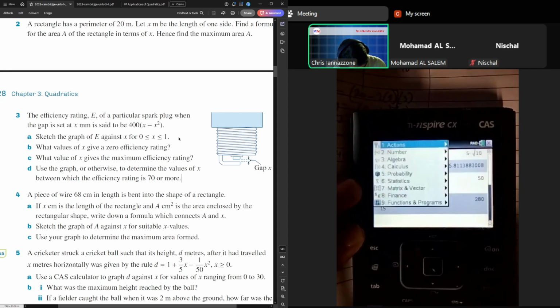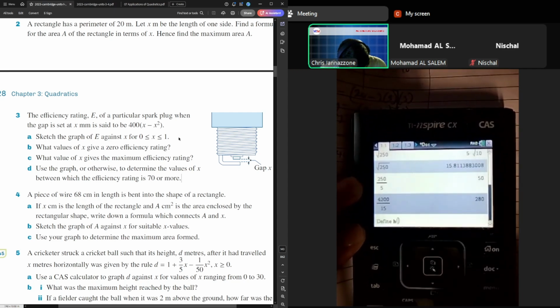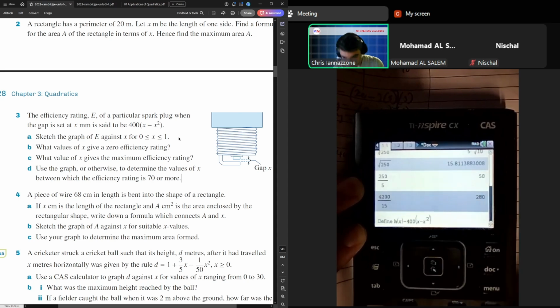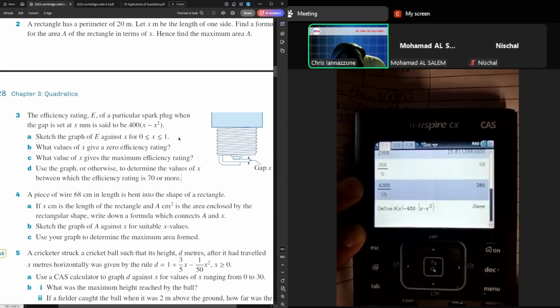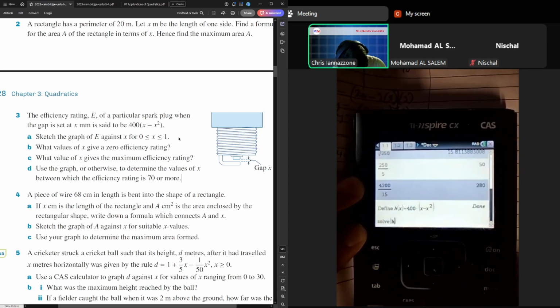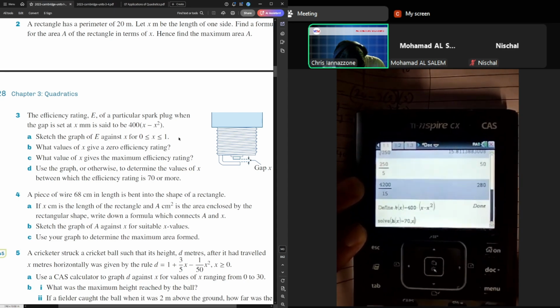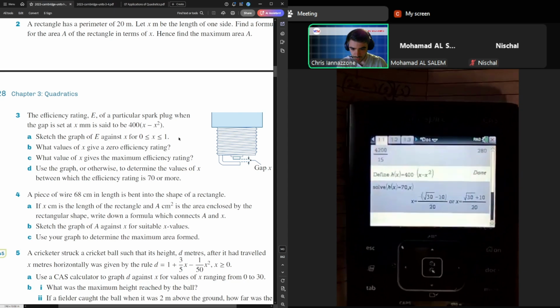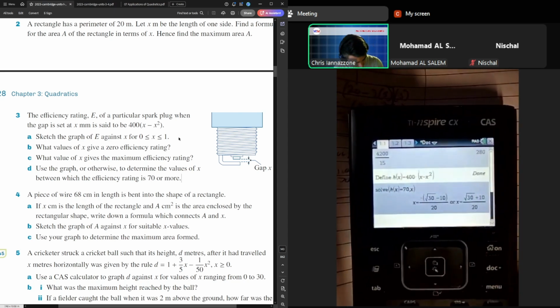You'd have a function, let's call it h of x, is equal to 400 bracket x take x squared. And then if you were to solve using the CAS, you would have h of x is equal to 70, solve for x, and yeah, this would have been tech active. So it's going to give you two square root answers.